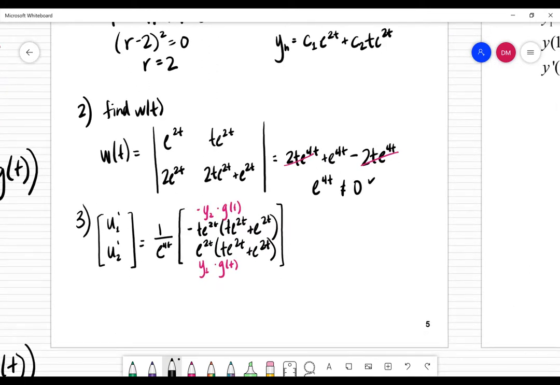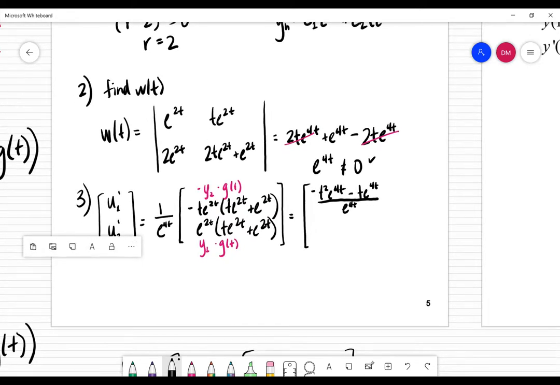And I'm going to take and divide e to the 4t from each of those. I do have to include that and simplify as much as possible here so that it's easier to integrate. All right, so looks like I'm going to have negative t squared e to the 4t, minus t e to the 4t. Oh, but that's pretty nice because we're going to divide that by the determinant here, e to the 4t, and we've got that common factor in each of those, so that'll make it easy.